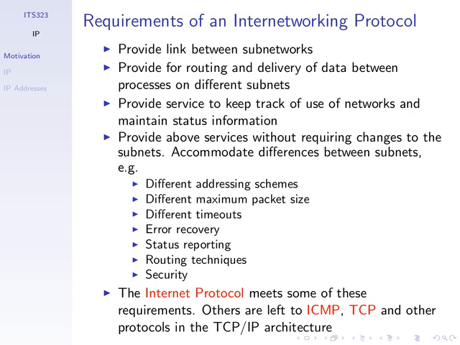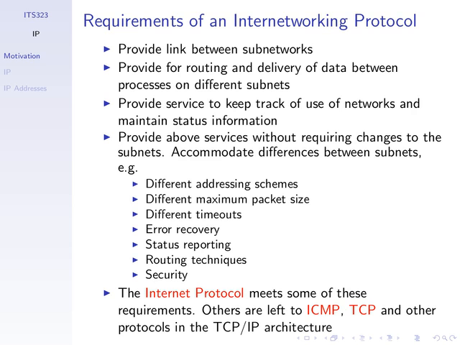One example of an internetworking protocol is called the Internet Protocol. So that's a specific protocol. It meets some of these requirements that we've listed here. Not all of them, only some of them. It turns out it's the most popular internetworking protocol now and is used by almost all devices. So that's what we're going to cover.